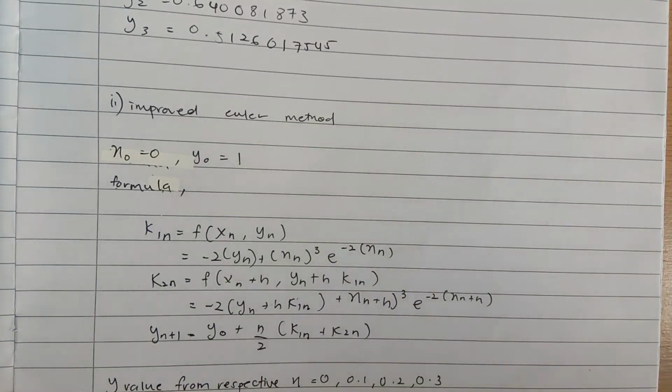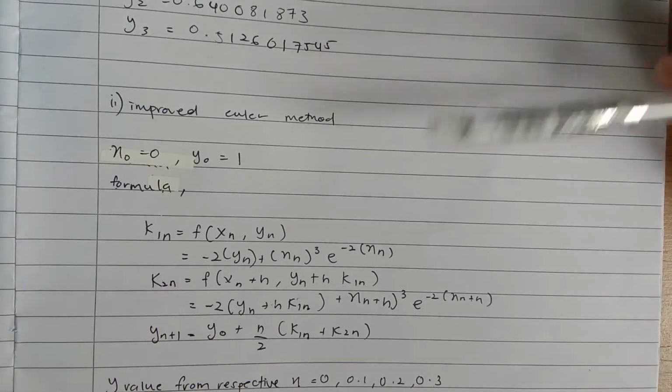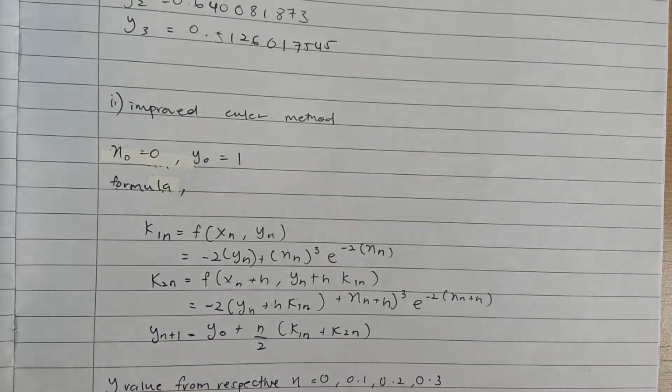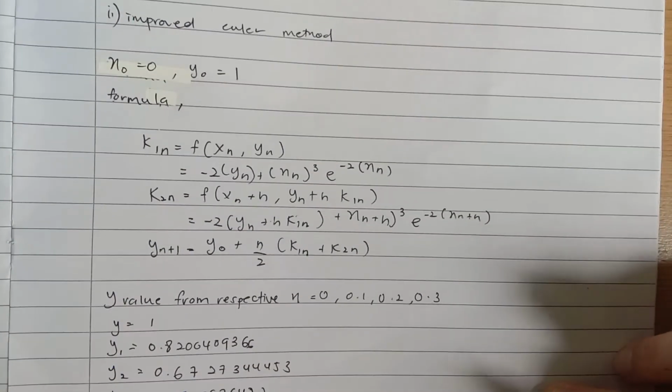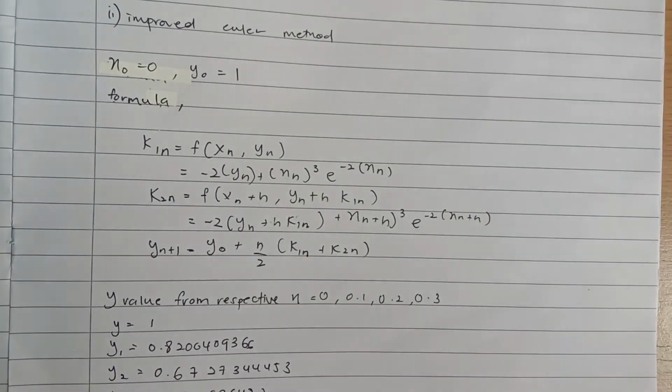We are still using the same equation, dy/dx is equal to negative 2y plus x cubed e to the negative 2x. The x0 and y0 values are still the same, but the formula is a little different from the Euler method formula.